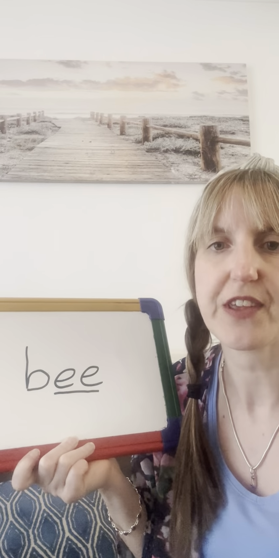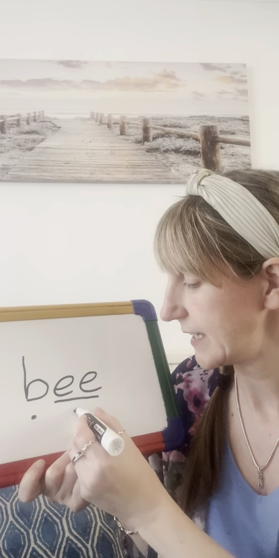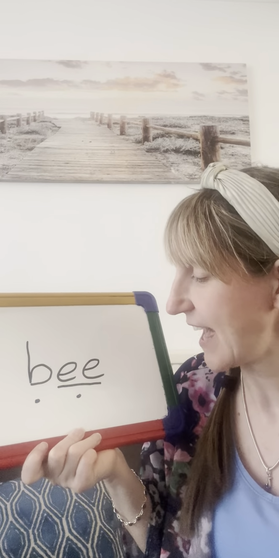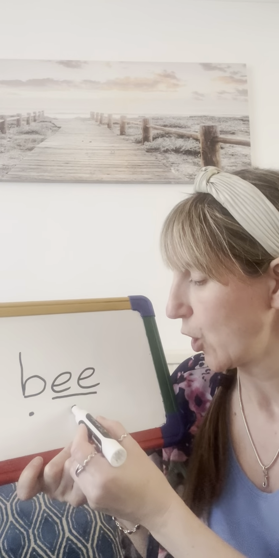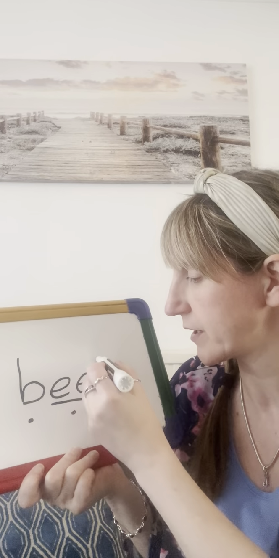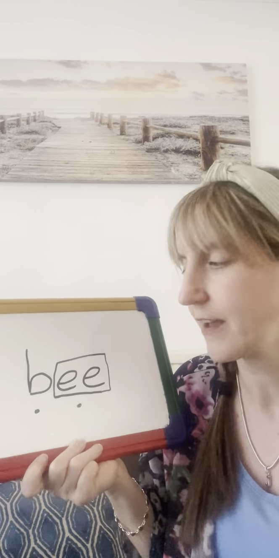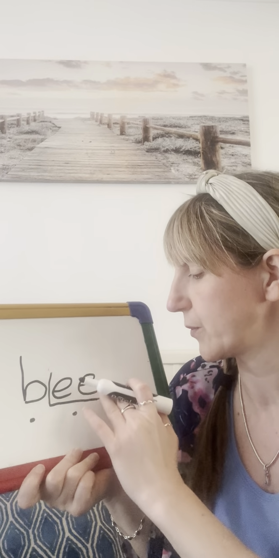And now they won't say b, e, e, they'll say b, ee. Okay, and that helps them to spot just by putting a line under it or a dot, or you can put a box over it or change the colour, anything to help them recognise the digraphs in a word.